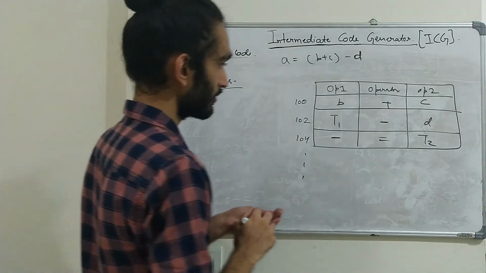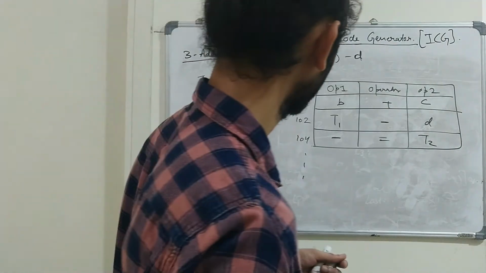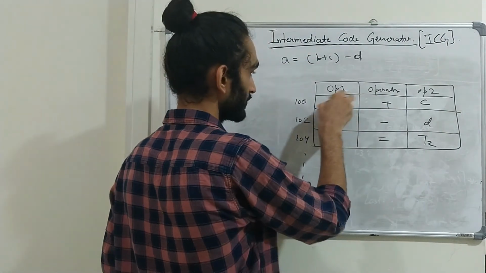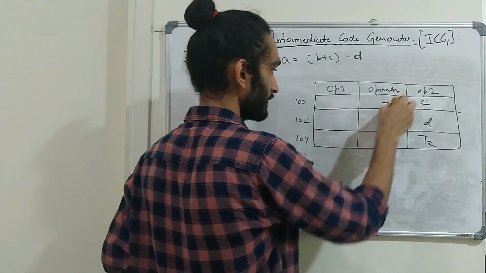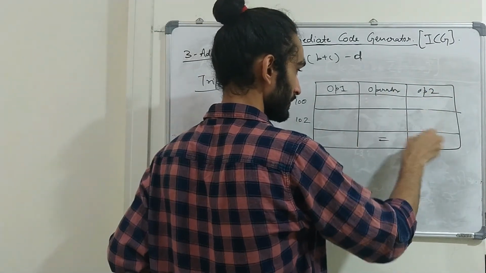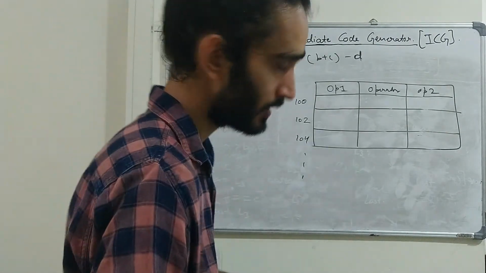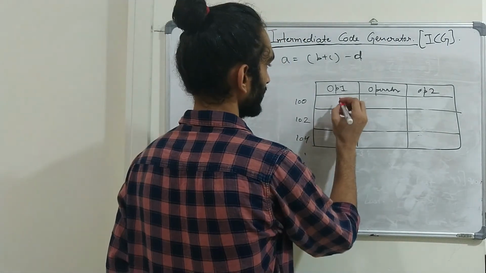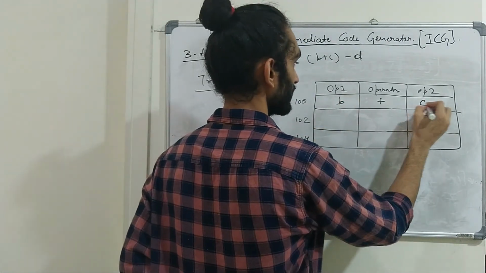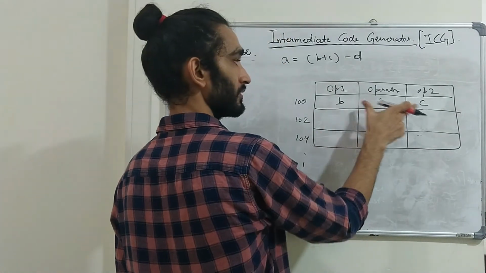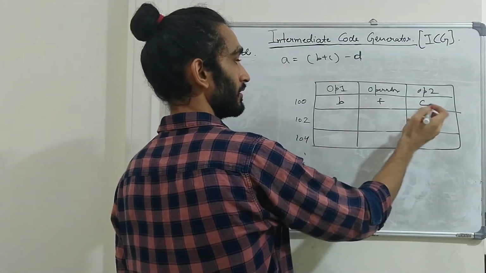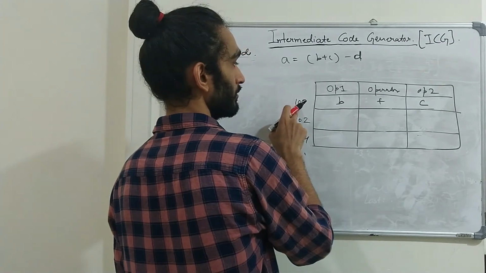We use a listing of the addresses, right? So what I am going to write here is A, B plus C, right? This computation is being stored at the location 100.